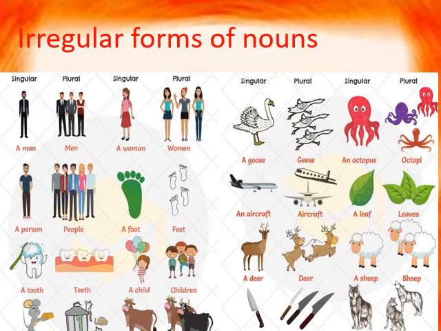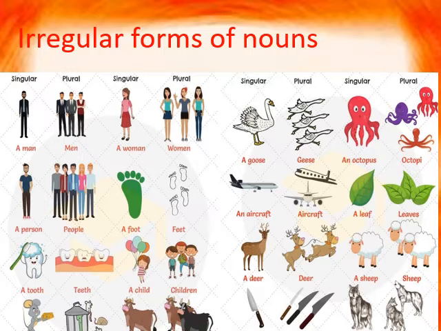If you compare leaf and knives, here you can see the difference. Here also it is the same, L-E-A-F and L-E-A-V-E-S. So here F is removed in the plural form and it is written as L-E-A-V-E-S.